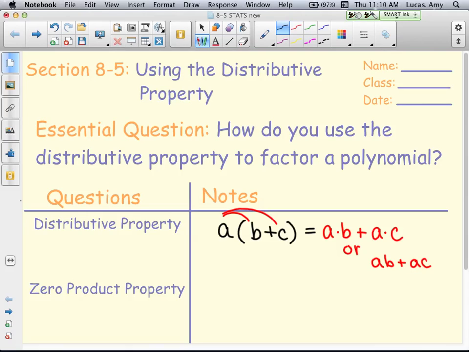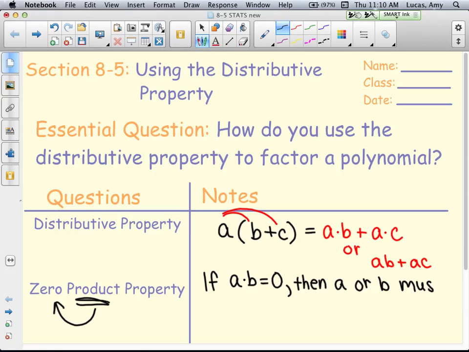The zero product property says that if two things are multiplied together and you get the answer 0, so the product means to multiply, so if A times B is equal to 0, then A or B must be 0.